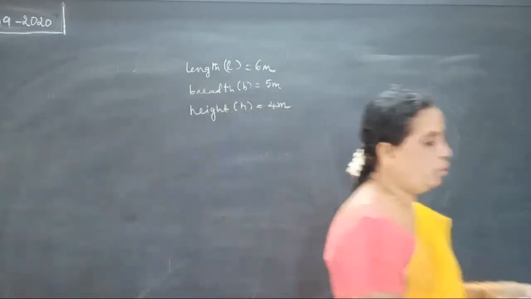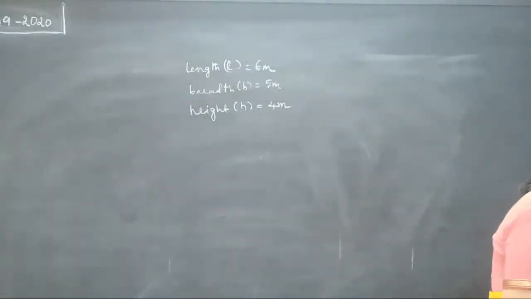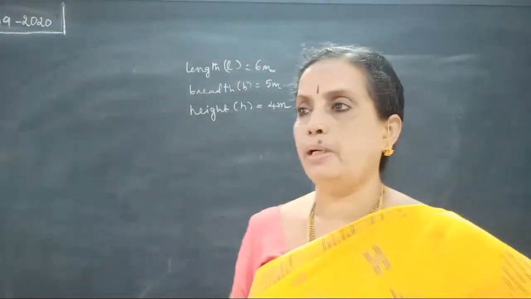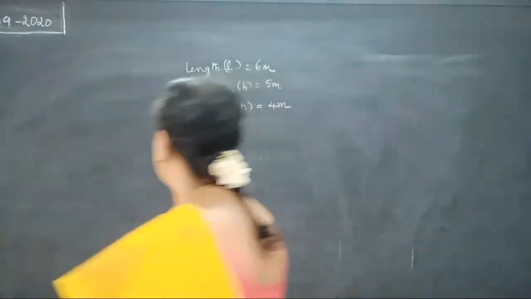We have to find the area of the 4 walls and then the cost of whitewashing at rupees 5 per meter square.